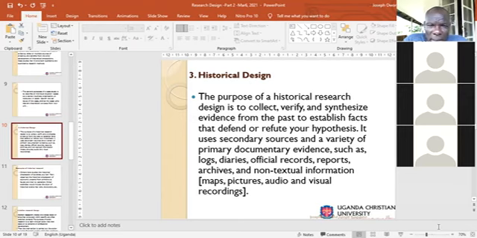Okay, I was saying that historical design uses secondary data. Secondary data is data that has been collected already. And the best example I was using is that of business research methods. If I ask you now, what are you likely to get in business research methods?